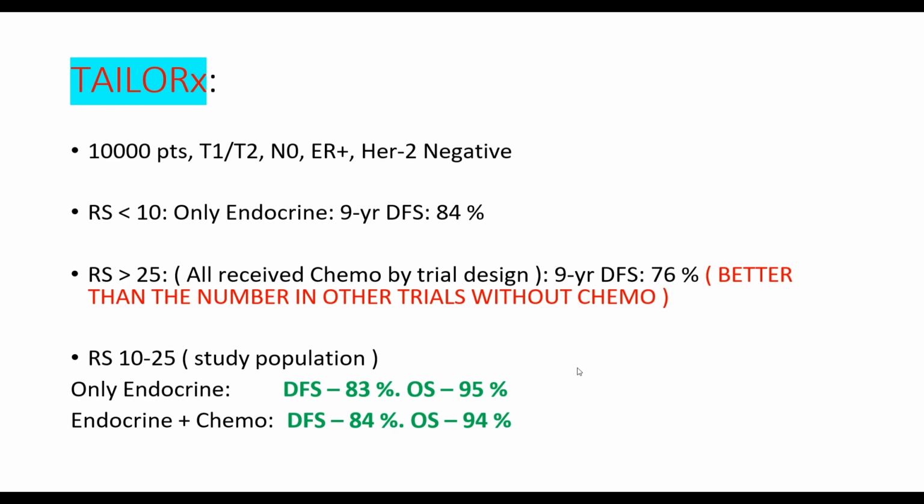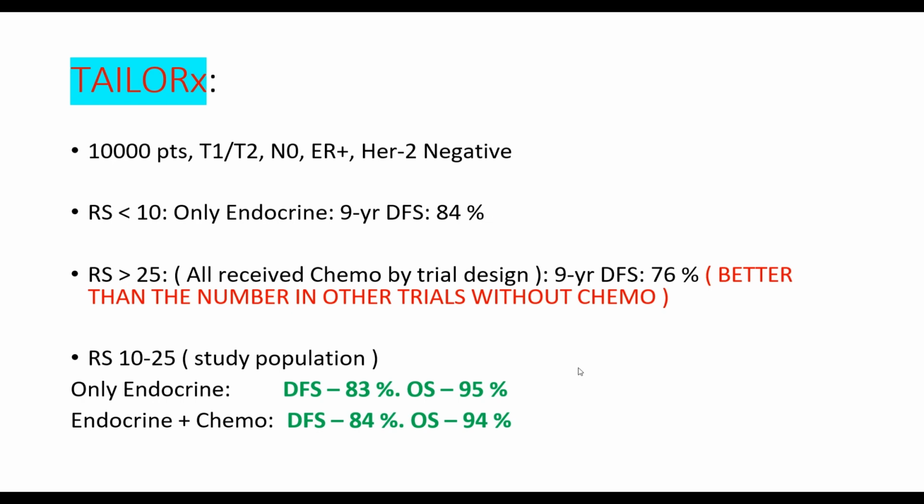So we would not want to include such patients in a trial, and all patients with a recurrence score more than 25 received chemo. Any patient with a recurrence score less than 10, a low risk of recurrence, a very good biology tumor, only endocrine therapy was given as per trial design.